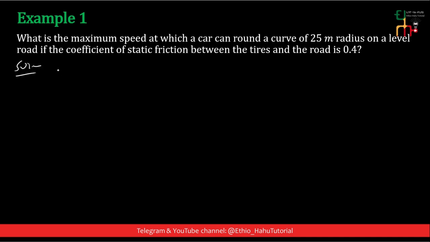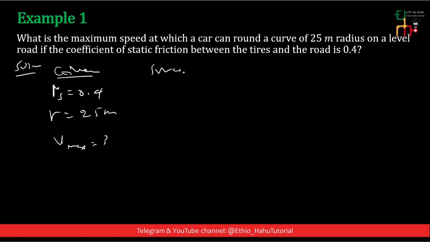Solution: given that coefficient of static friction is 0.4, the radius is 25 meter, and we want to find the maximum speed, V max. Since V is equal to the square root of coefficient of static friction times g times r, V max is the maximum speed that a car can round around a flat curved road of radius 25 meter with coefficient of static friction 0.4.